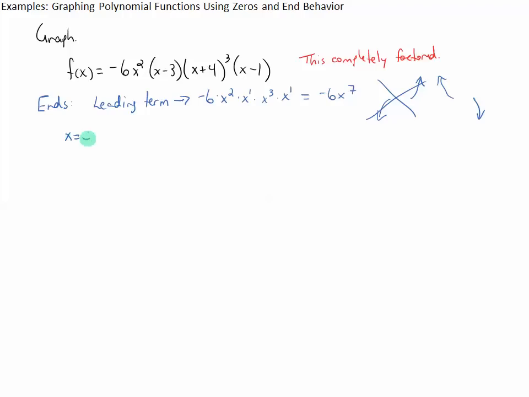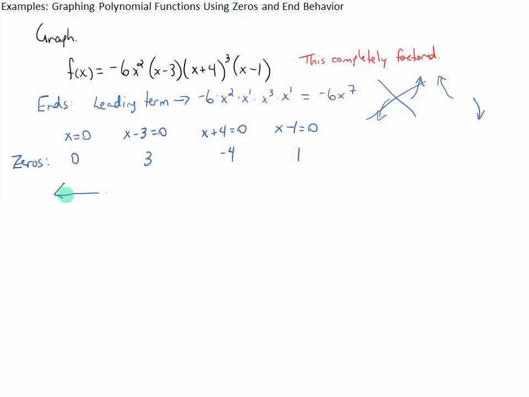So x equals 0, x minus 3 equals 0, x plus 4 equals 0, x minus 1 equals 0. And again, these are the zeros. Of course, 0 is one of them. If I solve this for x, I get 3. Solve this for x, I get -4. Solve this for x, I get 1. So those are the values that make my function 0.